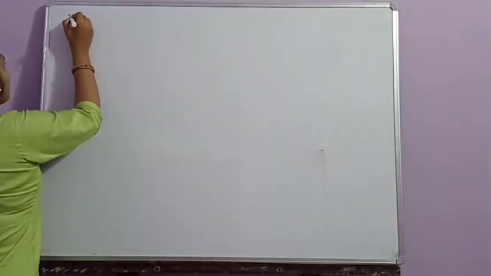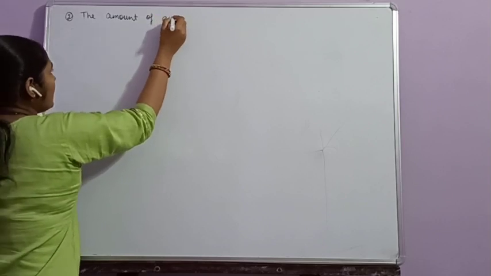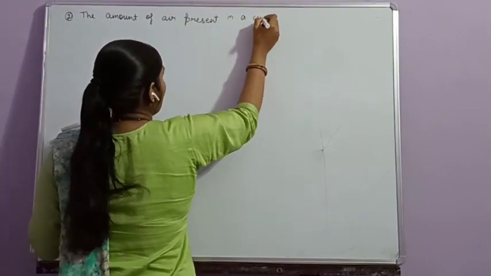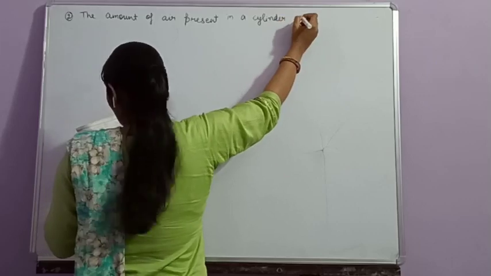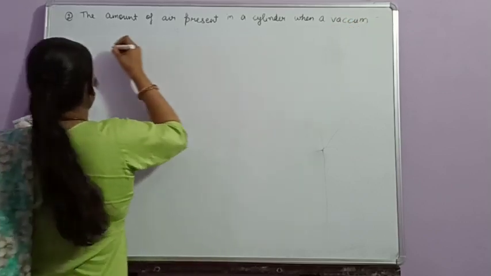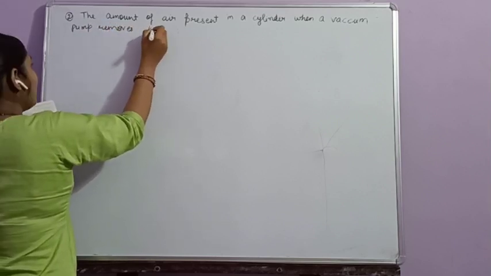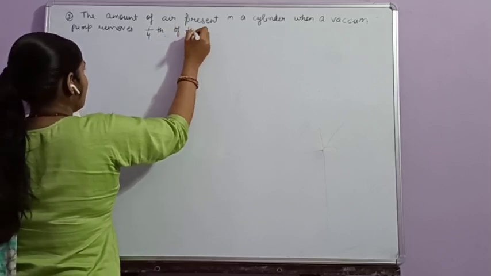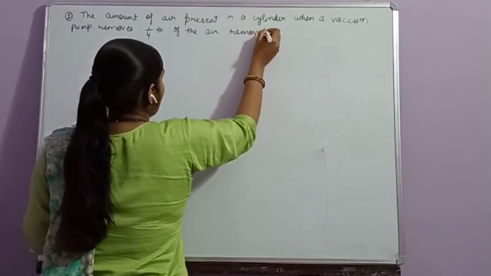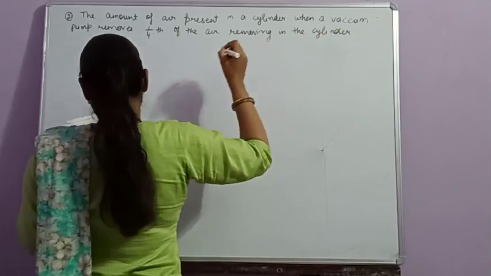The amount of air present in a cylinder when a vacuum pump removes 1/4 of the air removing in the cylinder at a time.